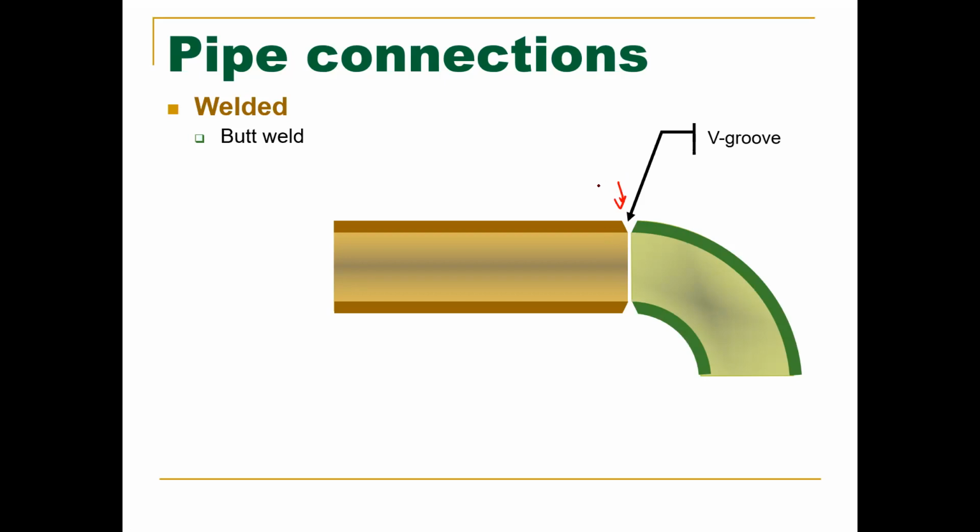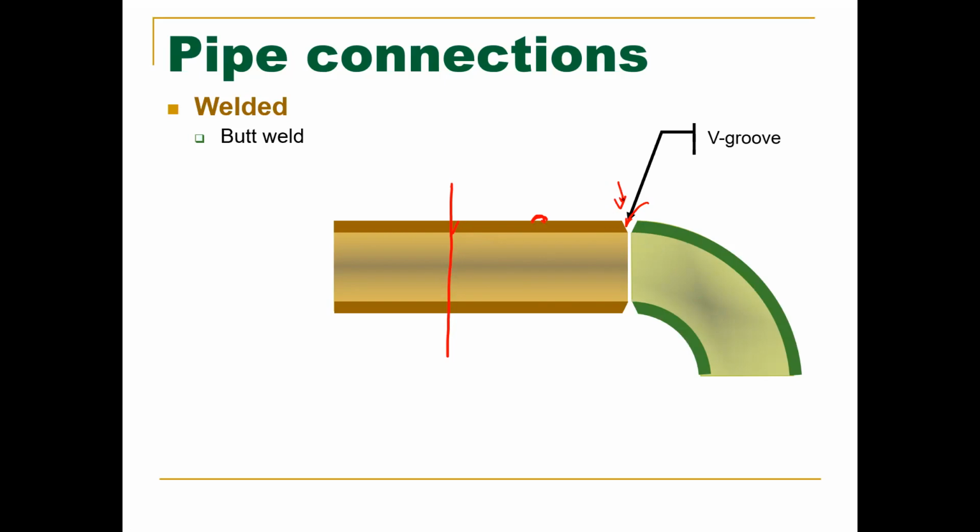Sometimes you'll have to grind it yourself, if you decide to cut a piece of pipe, you'll have to V-groove it yourself. It's just about a 45-degree angle, and that way you can stick weld in there and get a really good weld. If you just surface weld, you're not going to get a whole lot of material there.